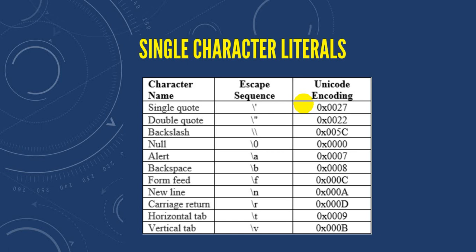As this is a special character, it needs an escape sequence along with it. Whenever you want to go to a new line in Console.WriteLine, you write backslash n, right? Similarly, these are the escape sequences for all other single character literals.